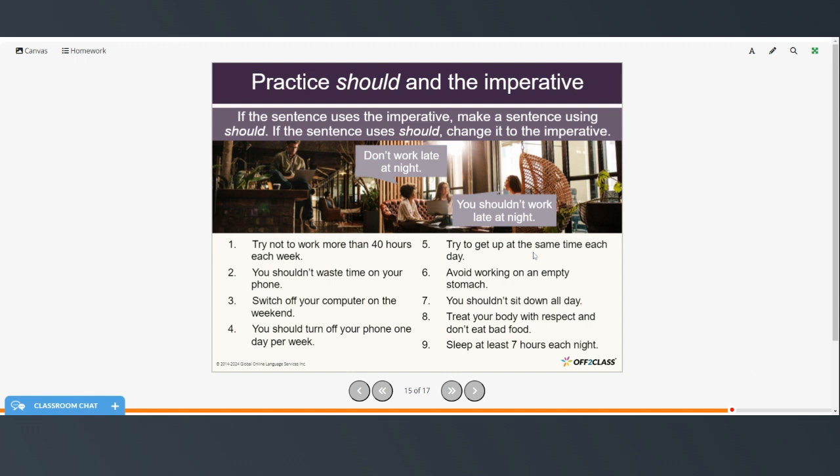You should try to get up at the same time each day. Don't work on an empty stomach, you shouldn't work on an empty stomach. Don't sit down all day. You should treat your body with respect and not eat bad food, and you shouldn't eat bad food. And you should sleep at least 7 hours each night.